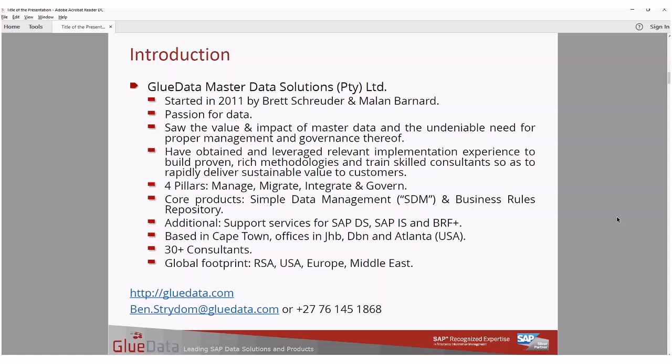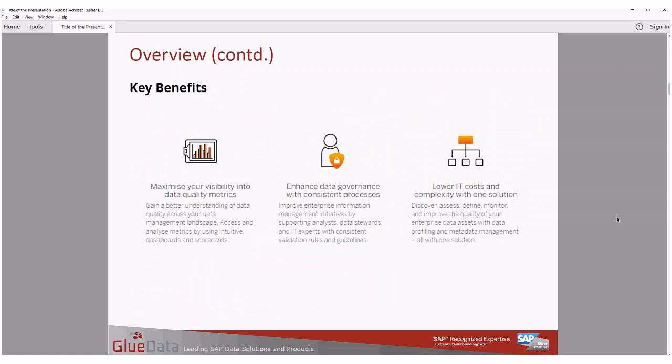Scroll down. So the key benefits, and this is the Sapanese, if I can call it that. You maximize visibility into your data quality metrics. Now, that is a very simplified statement, because with all of these, there's a lot of work that needs to go into prepping and building a proper Information Steward solution.